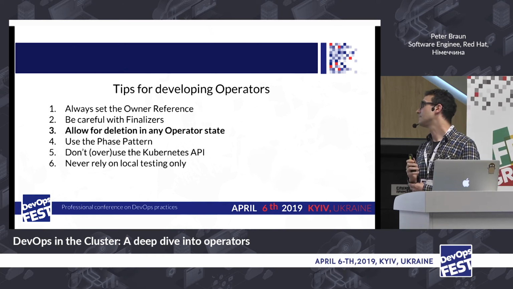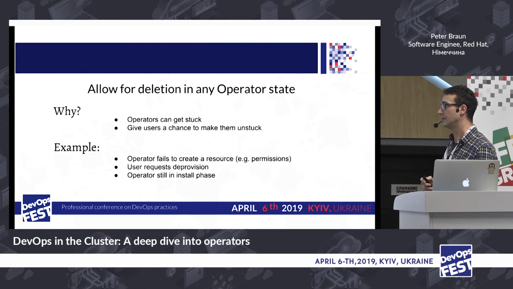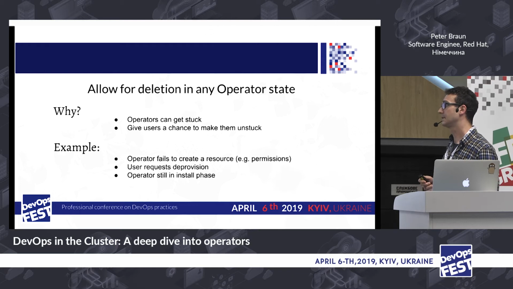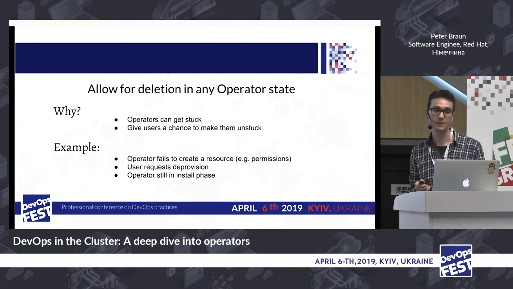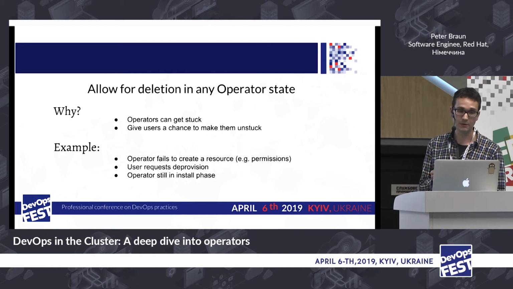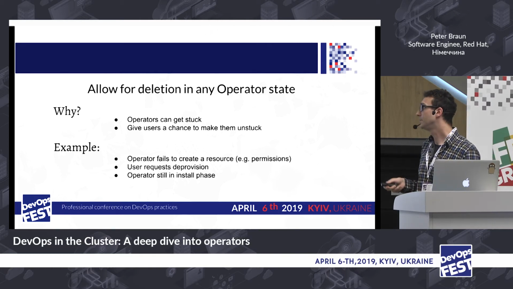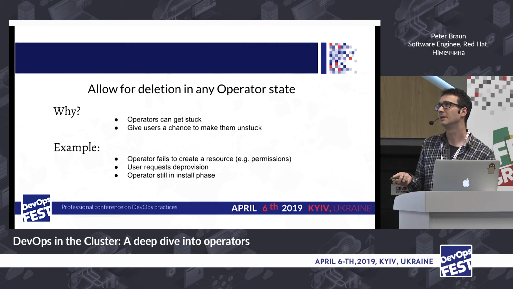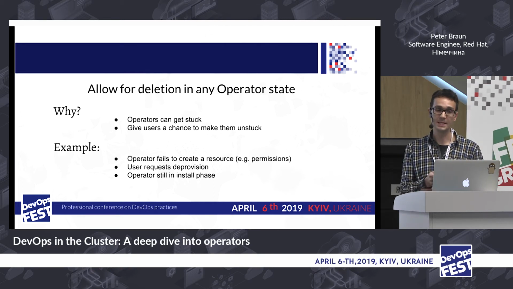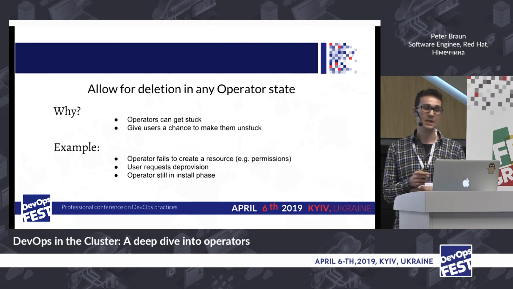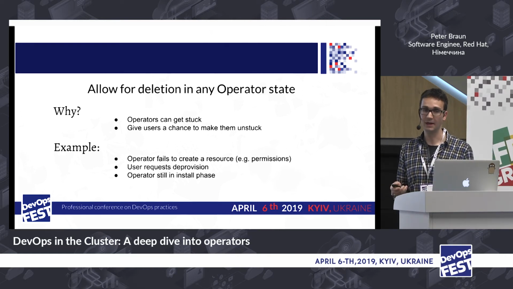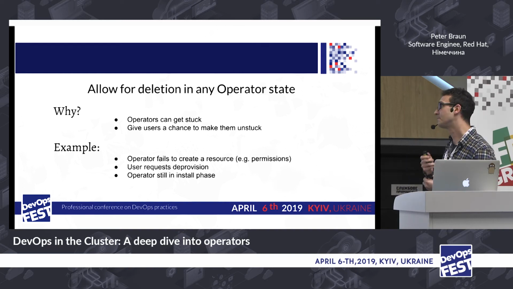Okay, the next tip is: allow for deleting in any operator state. Why is that important? Because operators can get stuck, and you always want to give your users a chance to make them unstuck. For example, an operator could fail to create a resource due to insufficient permissions. So the user sees this and might just request an uninstall of the whole service, but your operator is still in the install phase, and it won't handle uninstall requests in that phase.